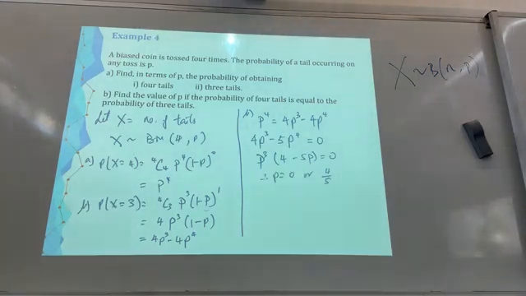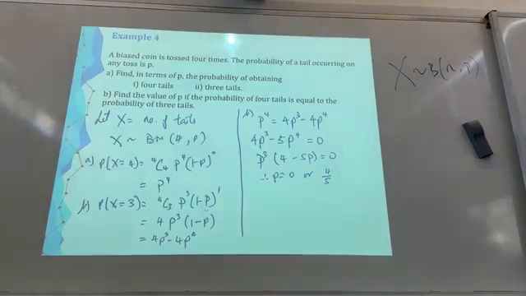Now, can I accept p equals 0? No. Why? In this context, why can't I accept p equals 0?